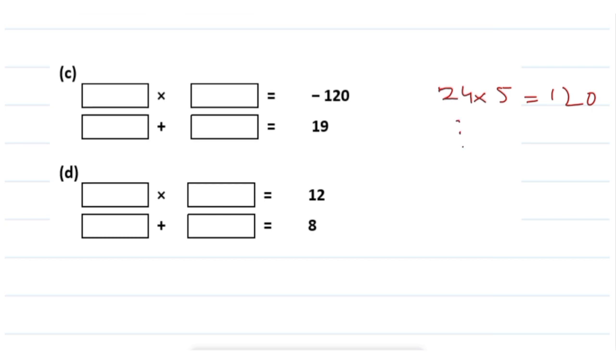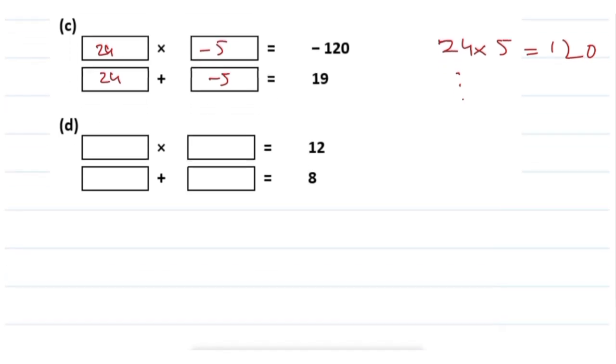But if we write 24 times -5 is -120, and 24 plus -5 is +19. So these are the two numbers which give us a product of -120 and a sum of +19.